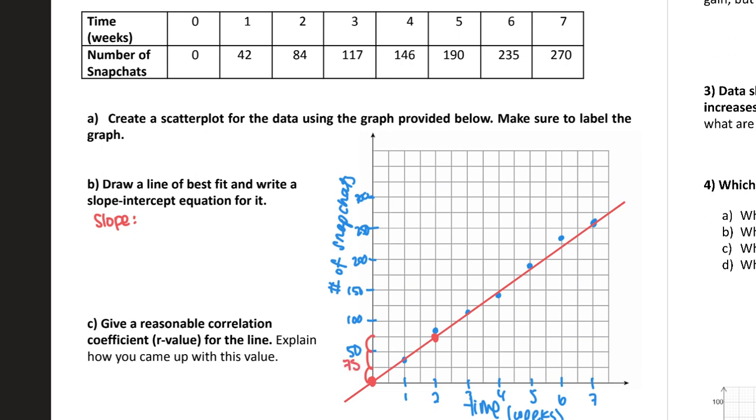So that's actually going up 75. And then here that's 1, 2 units. So my slope is going to be 75 over 2, which is 37.5. And my y-intercept, I cross at 0, 0, so that's going to be 0. So my equation is y equals 37.5x plus 0, or you can just write 37.5x.